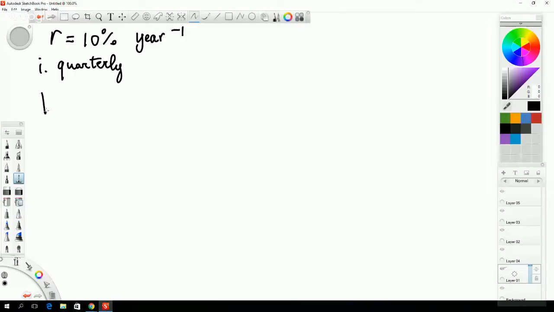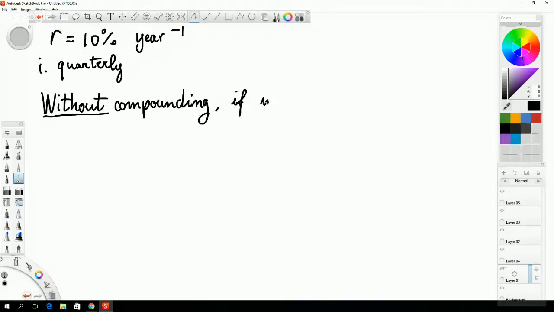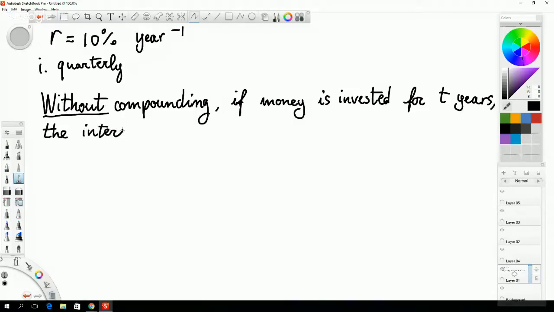It is that without compounding, if money is invested for t years, so t is just a pure number, but it gives you the time in years, okay? We're going to think about what is the interest gain in that case.